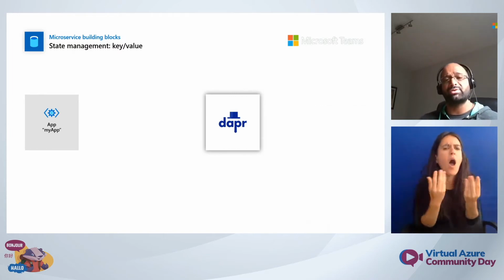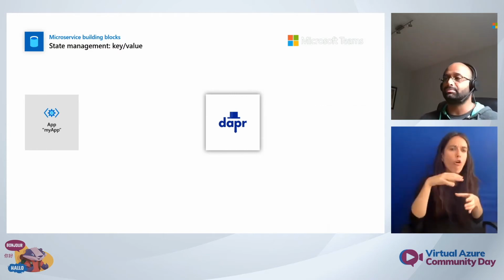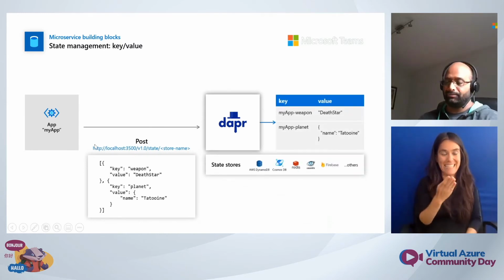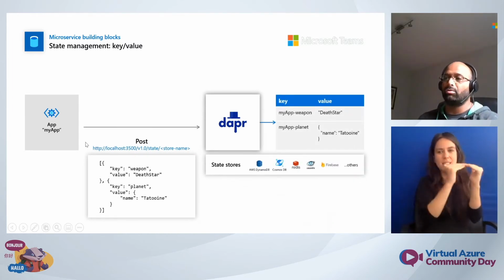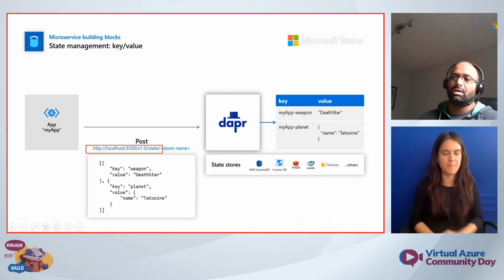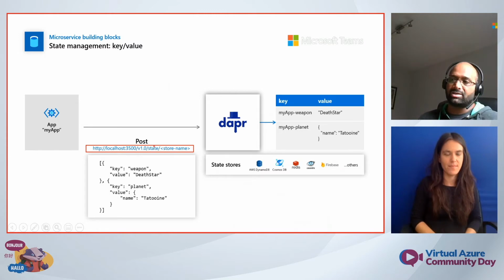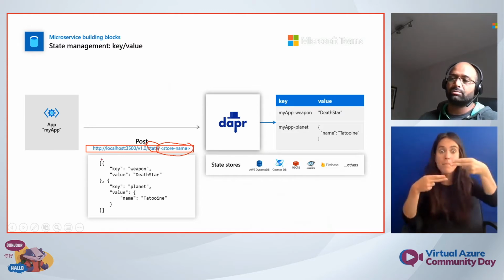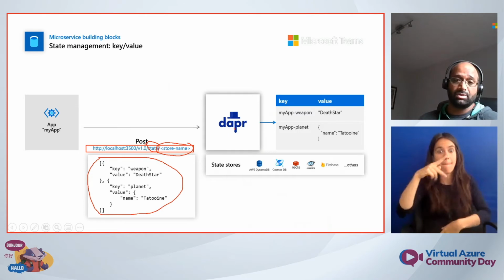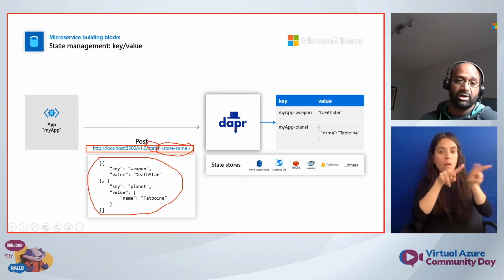Once everything is done, I can start using that functionality via my Dapr sidecar. How will I do it? Let's suppose I want to store something in the state store. As you can see, I have made a standard HTTP call over here. I'm accessing the state store, specifying the name of the store, and passing a payload. Dapr takes it, looks into the component file and sees what component I have chosen.